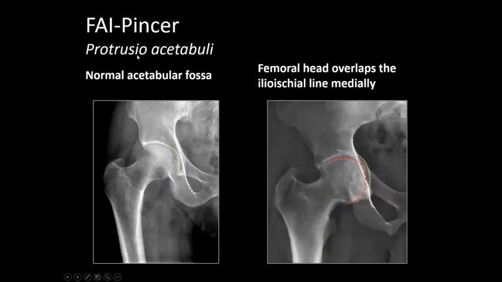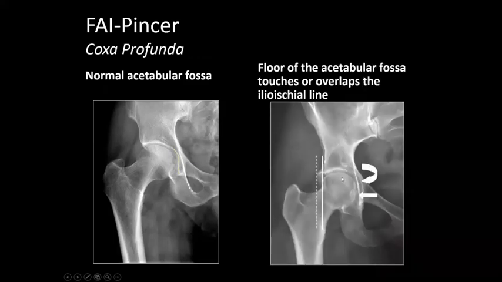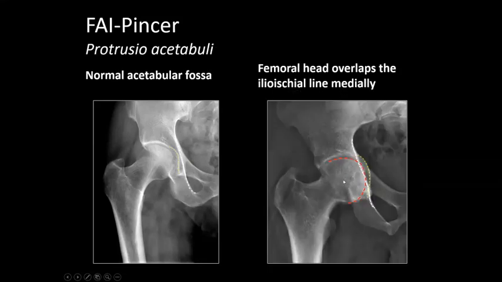Now, the other type of pincer femoroacetabular impingement is protrusio acetabuli. So how does protrusio acetabuli differ from coxa profunda? Again, remember that with coxa profunda, the acetabular fossa lay medial to the ilioischial line. But with protrusio acetabuli, the femoral head itself is now situated medial to the ilioischial line.